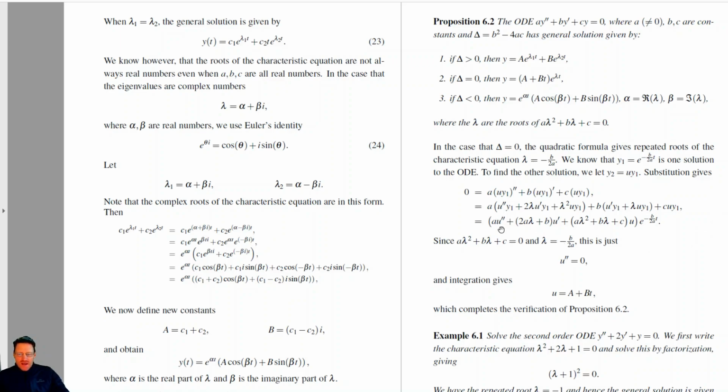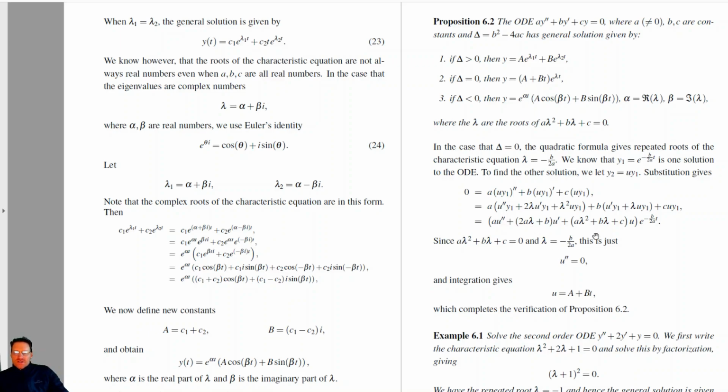But after we do that, we get a u double dash plus 2a lambda plus b u dash, then plus the left-hand side of the characteristic equation times u, all outside of e to the minus b over 2a times t. Now, because of the characteristic equation, the term next to u here is equal to 0, and lambda is equal to minus b on 2a.